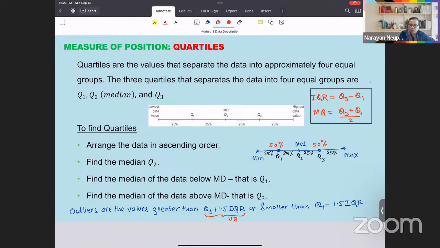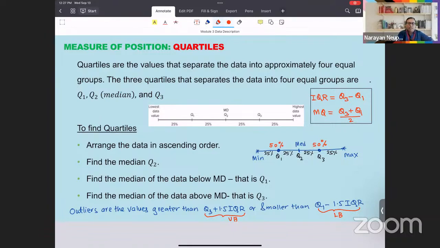And similarly, this one. If the data value is smaller than this, that's also an outlier. So we call this one the lower boundary. Any value greater than Q3 plus 1.5 times IQR, or less than Q1 minus 1.5 times IQR, they are called the outliers.